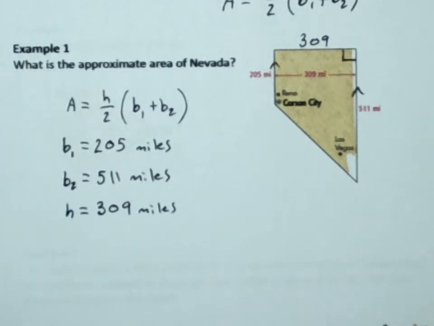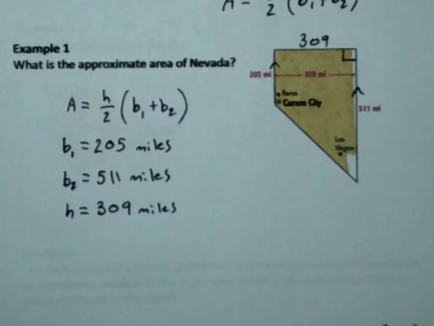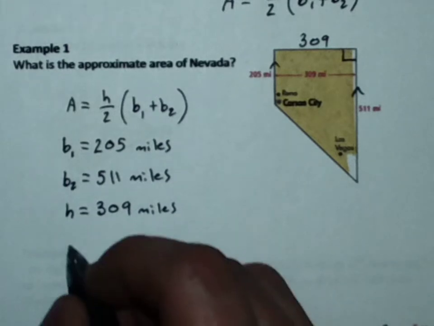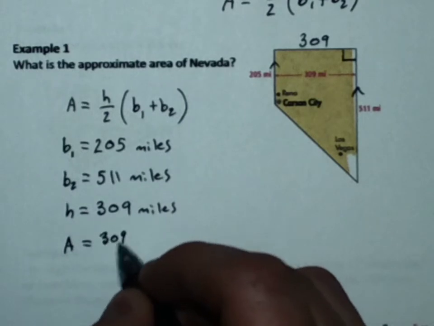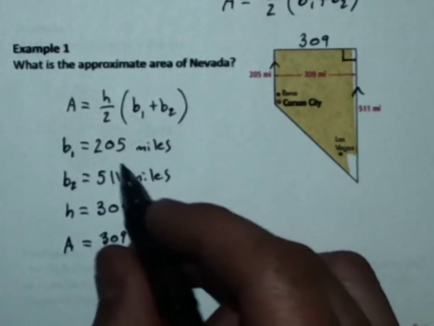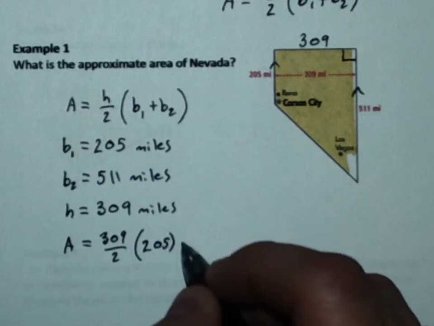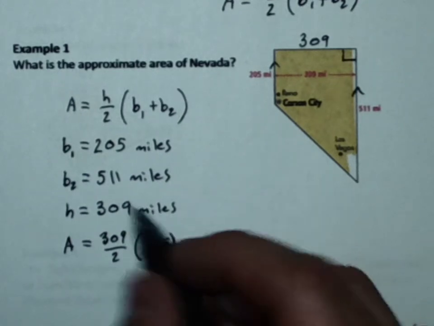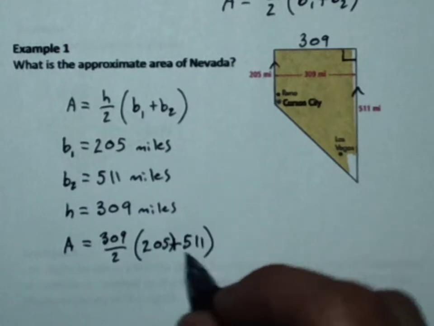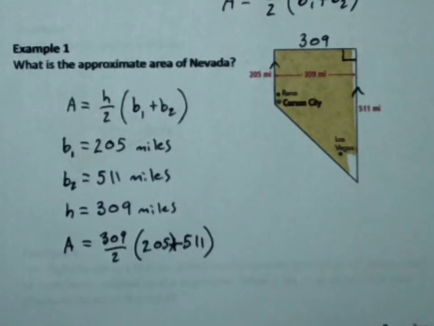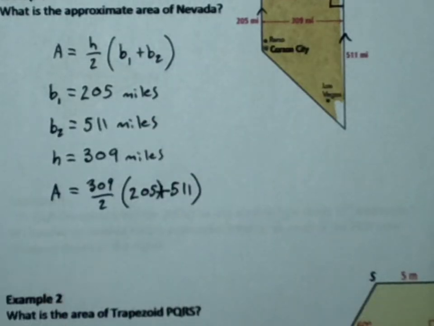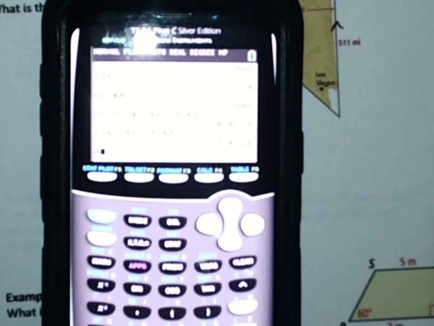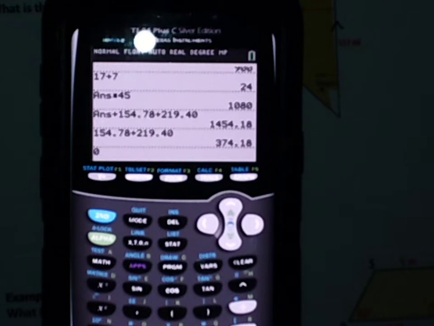So if we plug all of these into our equation, we get that the area is going to equal the height of 309 divided by 2 times my base 1, which is 205, plus my base 2, which is 511. Don't close that parenthesis too soon like I just did there. And then we can take out our calculator. See if I can get that calculator a little bit more visible on the screen. There we go.